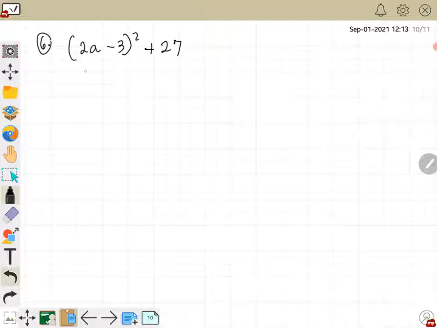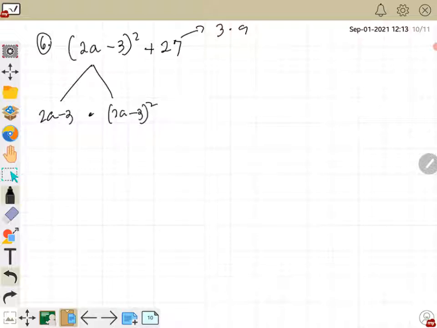So the same here again. Obviously you can say 27 is 3 times 9. So we have 2a minus 3 times 2a minus 3 squared. So a squared and a 1. So that it won't be hard for you, you can just multiply it like that.